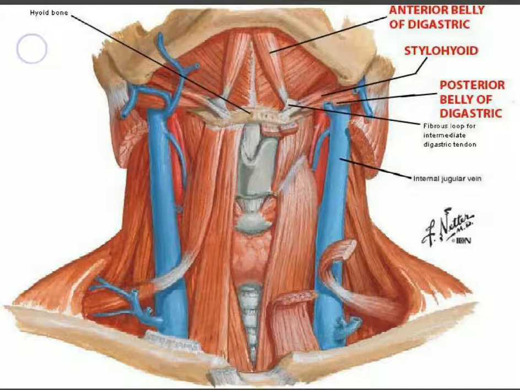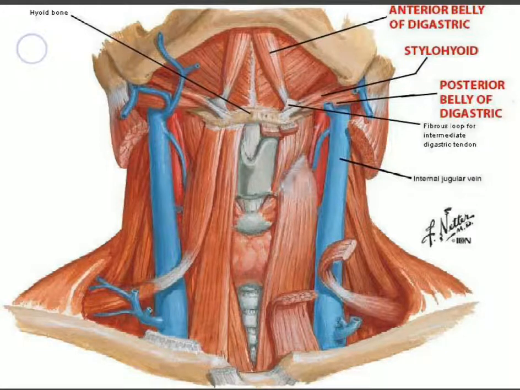So the muscle that is related with the thyroid gland is the sternothyroid. This muscle is the sternothyroid. This is the oblique line on the thyroid cartilage. This is thyroid cartilage. This is thyroid gland. This is the sternothyroid muscle.